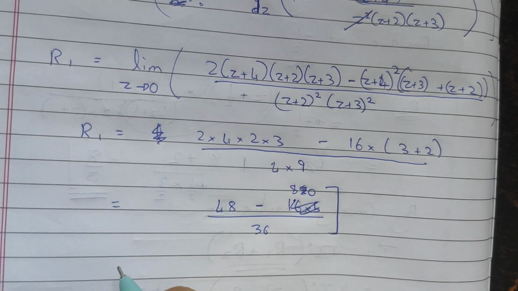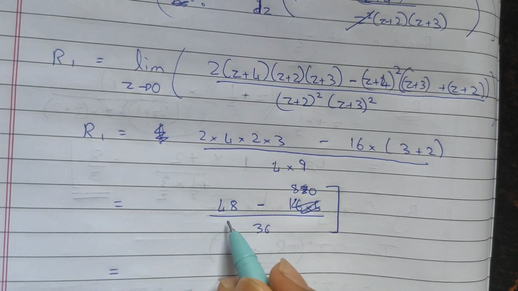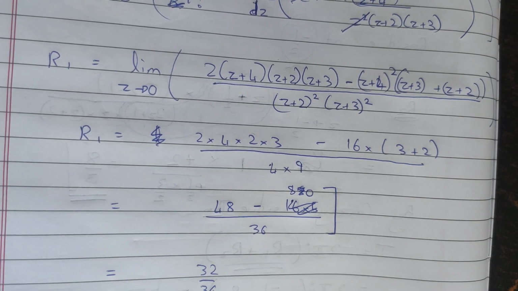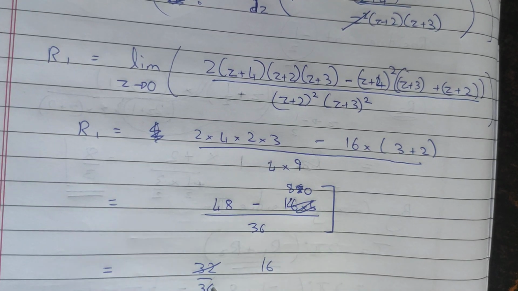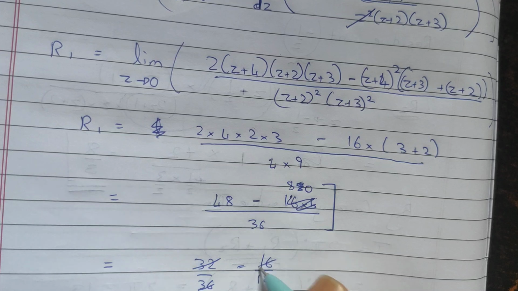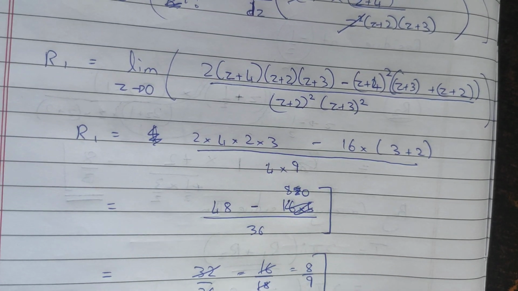So you get 48 minus 80 upon 36, which is minus 32 by 36, which is minus 8 by 9.